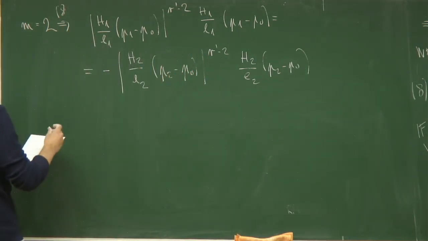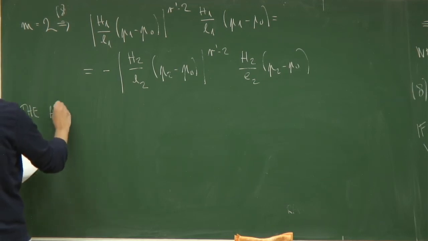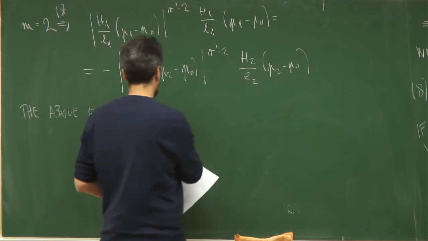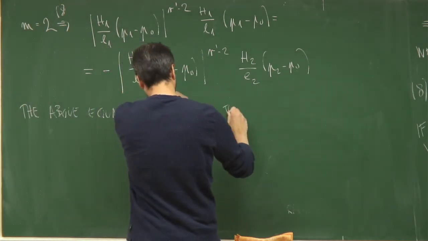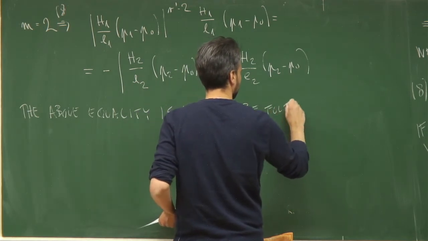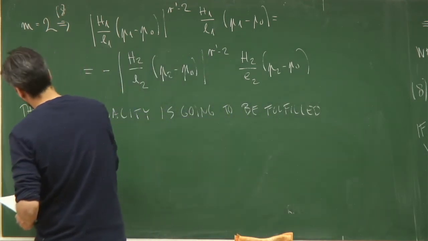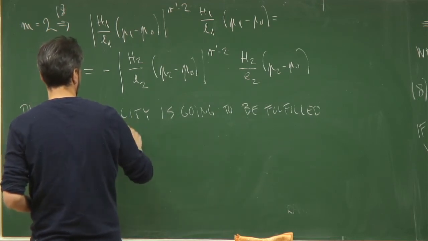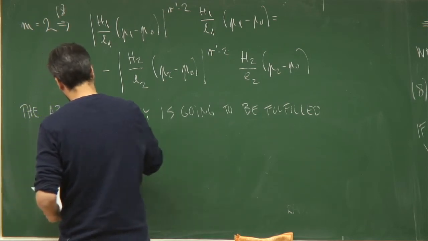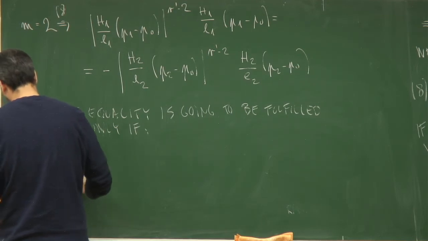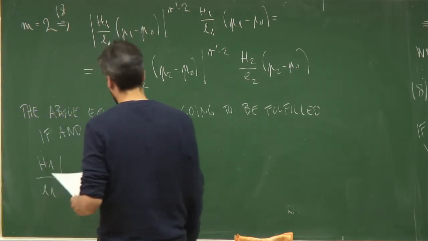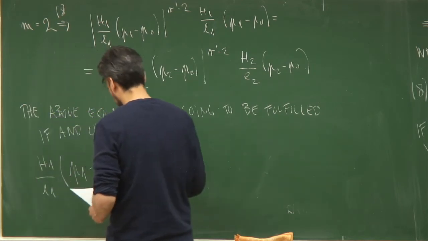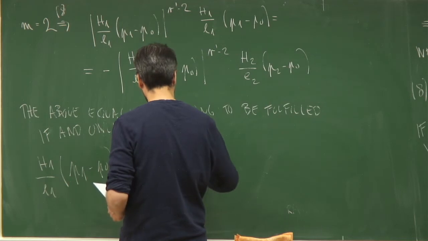Okay, so the above equality is going to be fulfilled if and only if H1 over L1, P1 minus P0 is exactly equal to minus H2 over L2, P2 minus P0.